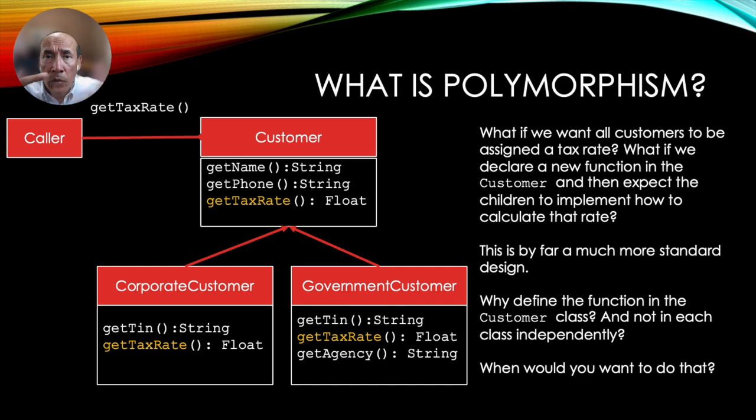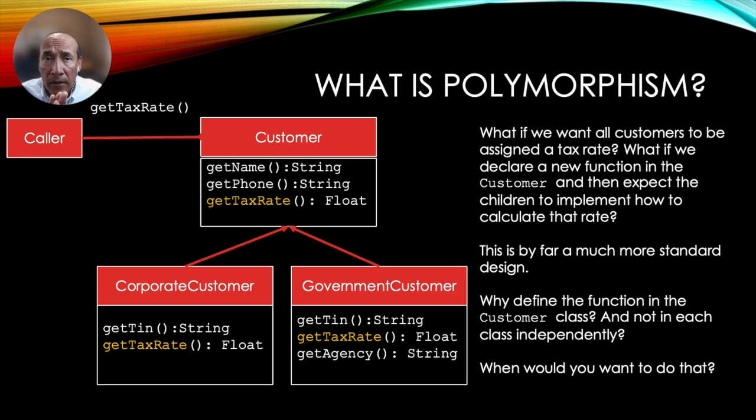So as I loop through my customers at the end of the day, I'm going to call the get tax rate method. And depending who you are, at runtime you're going to give me an answer depending on whether you're a corporate customer or a government customer.